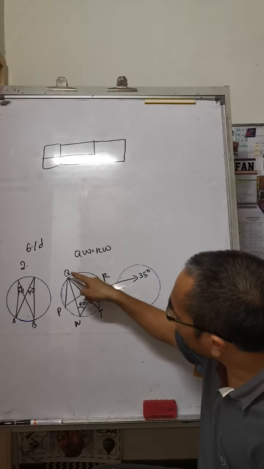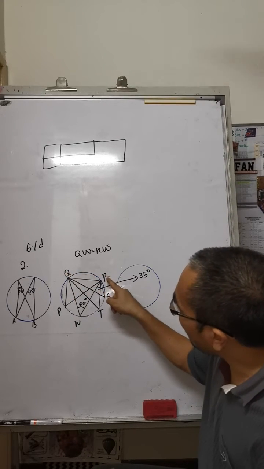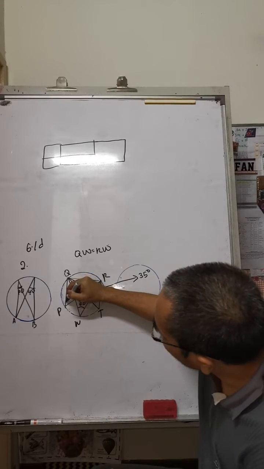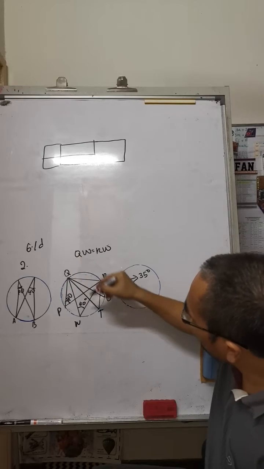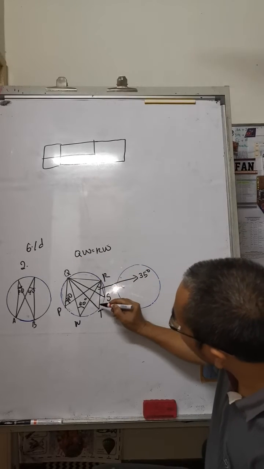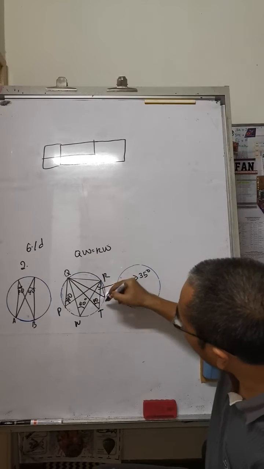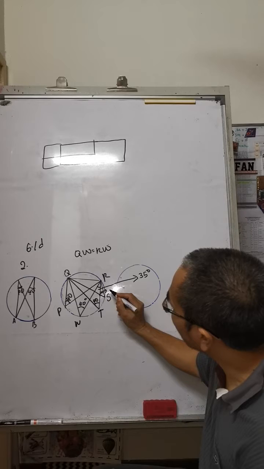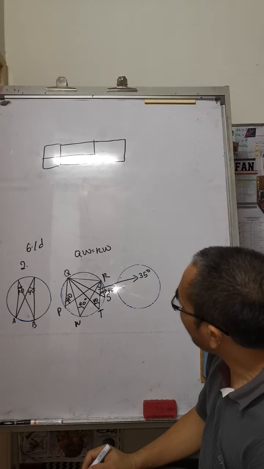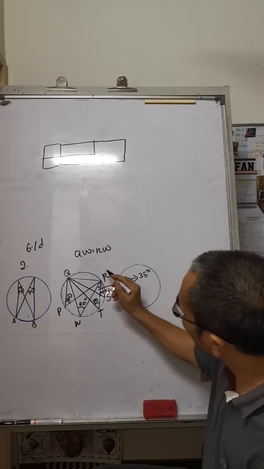So from Q and R it goes to W, Q and R also goes to P, so the P will be 40 degrees. QTR is also 40 degrees. QSR is also 40 degrees. And then there is the angle of 35 here, is W.